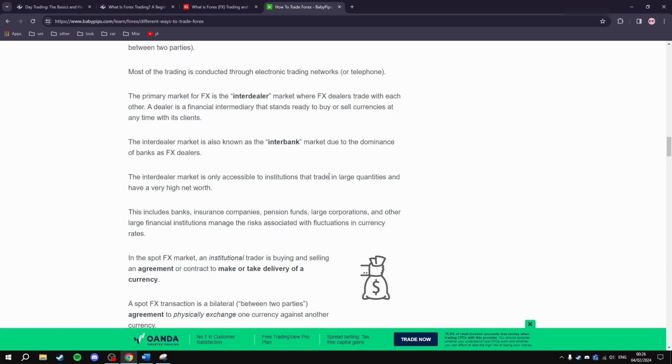This includes banks, insurance companies, pension funds, large corporations, and other large financial institutions that manage the risk associated with fluctuations in currency rates.